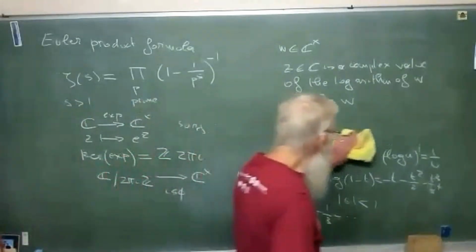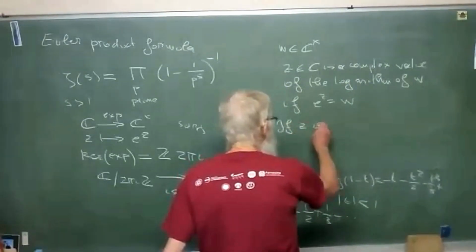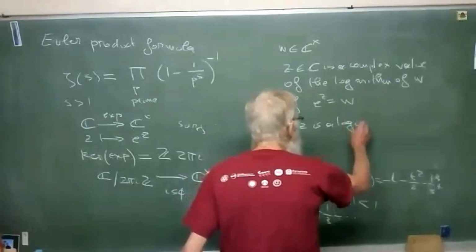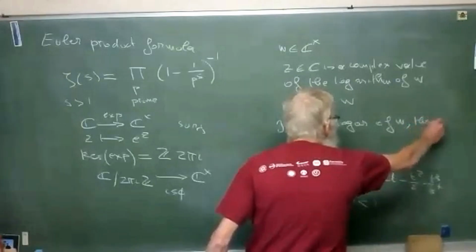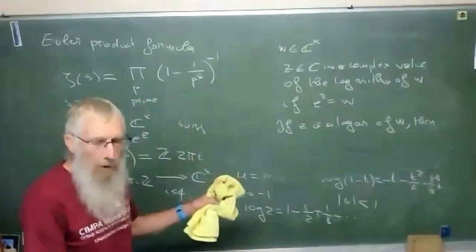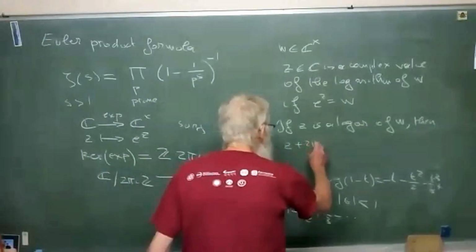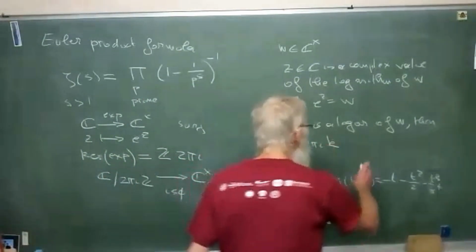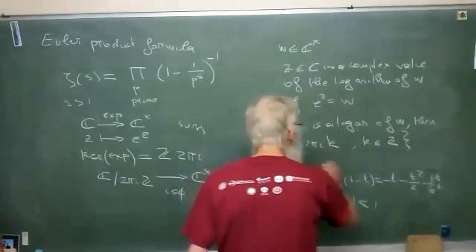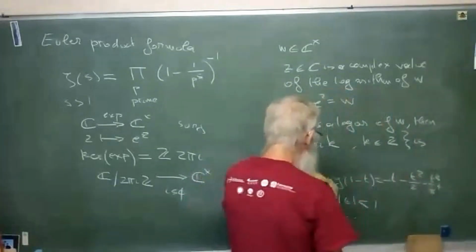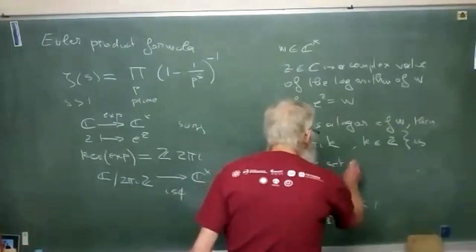If Z is a logarithm of W, then we have infinitely many logarithms of W, which are the set of Z plus 2 pi i times a number K, K in Z. So this is the set of complex logarithms.